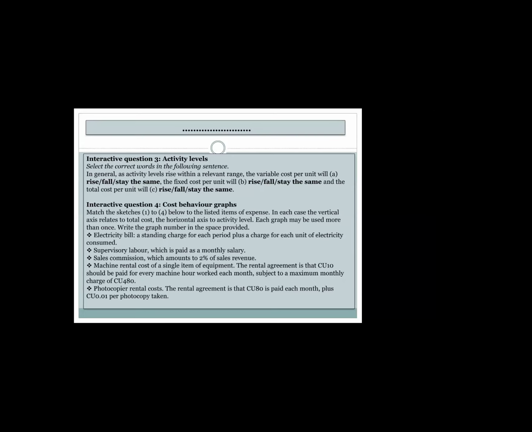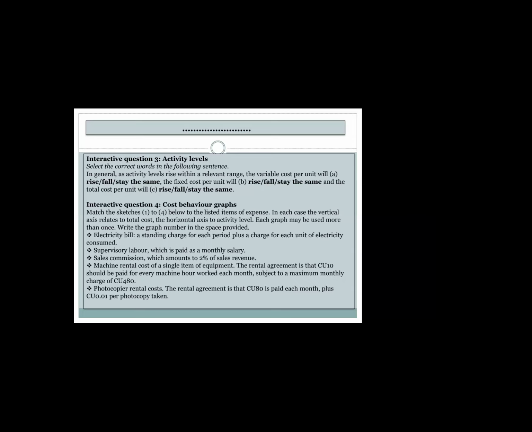This type of question may come in your examination. Here, one technique is applied. See, the variable cost per unit is included in option 1, rise or fall. Relevant range is not related to variable cost. Variable cost per unit is always fixed. Whether the unit price goes up or down, it remains the same.